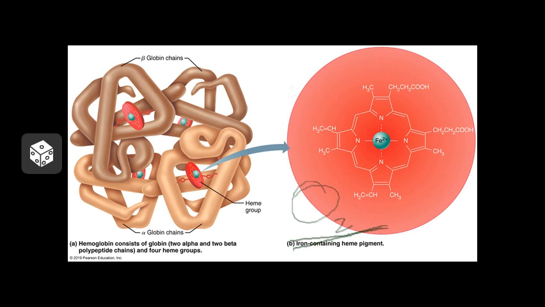There are 4 heme groups in each hemoglobin, so each hemoglobin can carry 4 oxygen molecules, and there are approximately 250,000 molecules of hemoglobin in each red blood cell. That means that each red blood cell can carry around 1 million molecules of oxygen. That's just great. It really knows how to do its job.